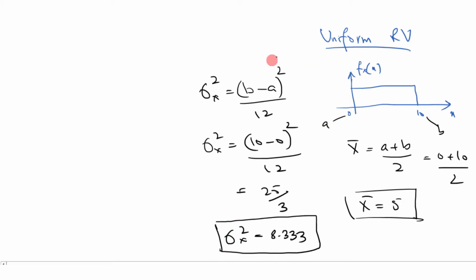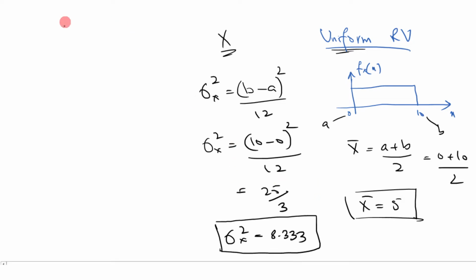So here there is a random variable x which is uniformly distributed and its density function is given here. This uniform random variable has an average value of 5 and its variance is 8.333.